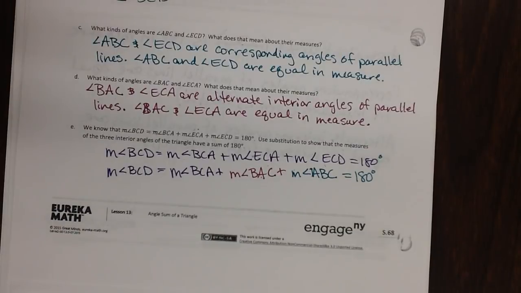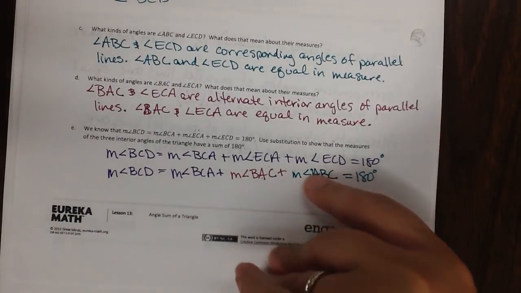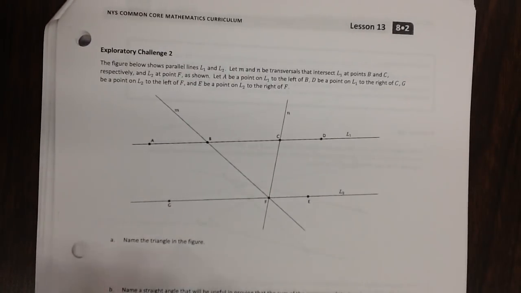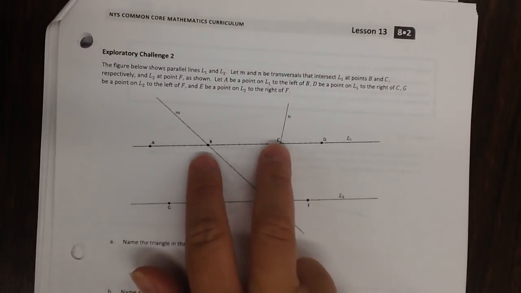Okay, so we're going to jump into exploratory challenge number 2. So here we go. The figure below shows parallel lines 1 and 2. Let M and N be a transversal that intersects line 1 at points B and C, so they intersect here.